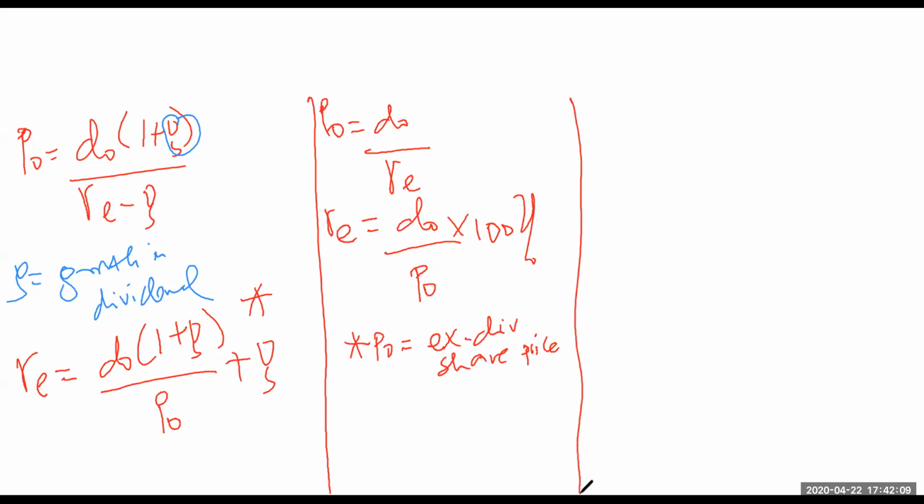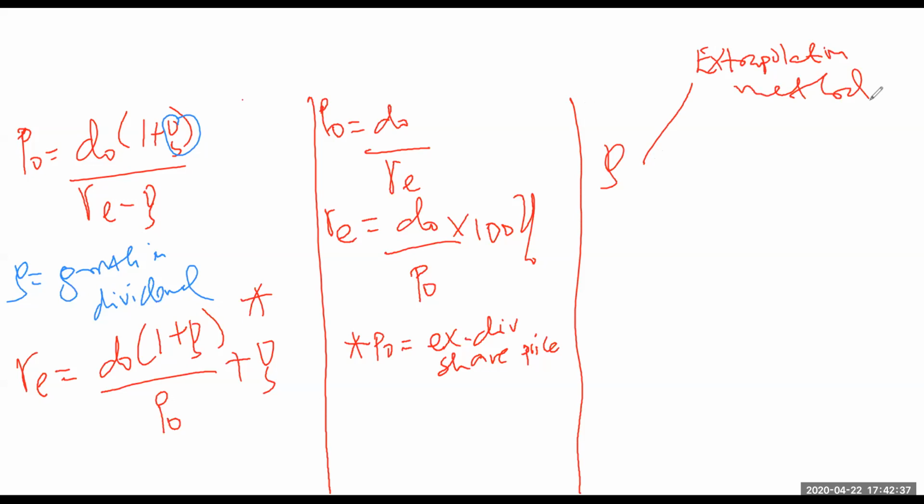We also discussed how we obtain g, the growth in dividend. We said that the growth in dividend can be assessed using two methods. The first method you can use is the extrapolation method.